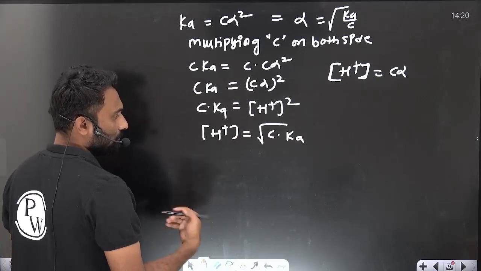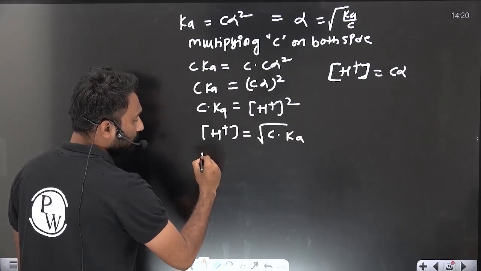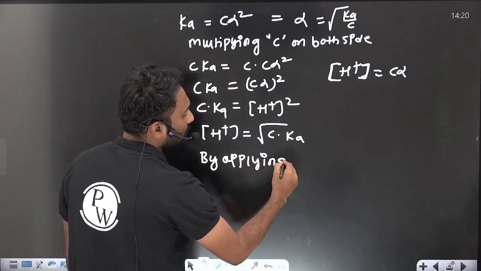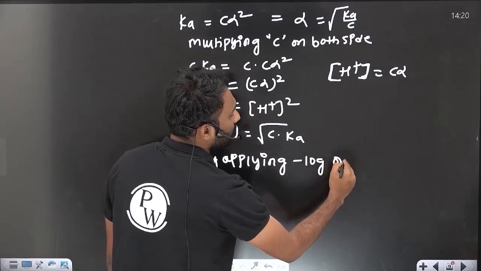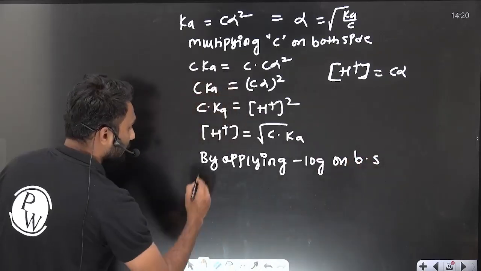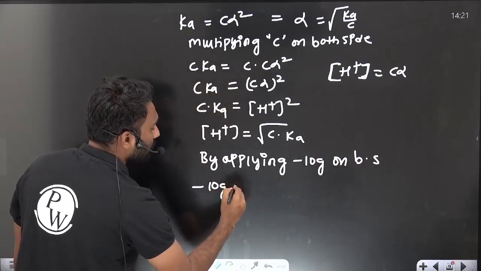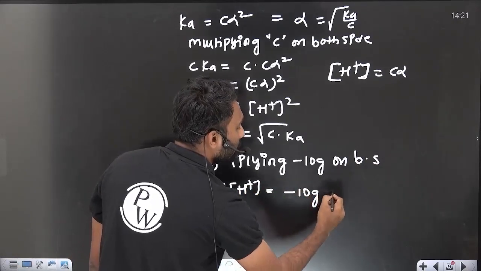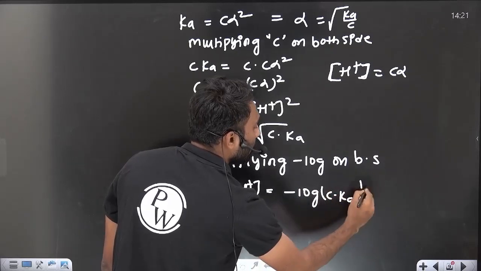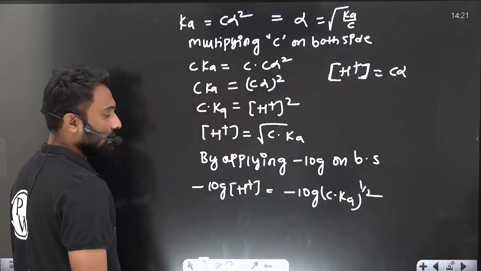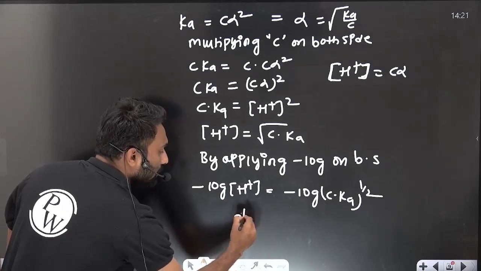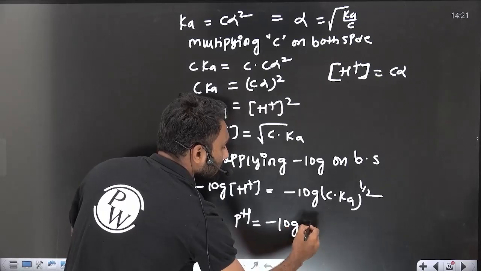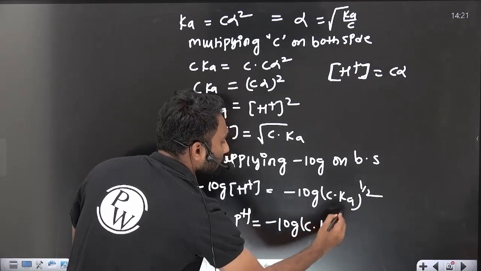By applying minus log on both sides, minus log H plus ion concentration is equal to minus log of C into K whole to the power half, since root can be written as half. So we get pH is equal to minus log of C into K to the power half.